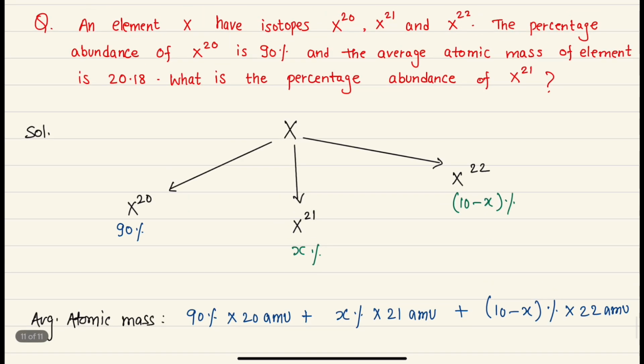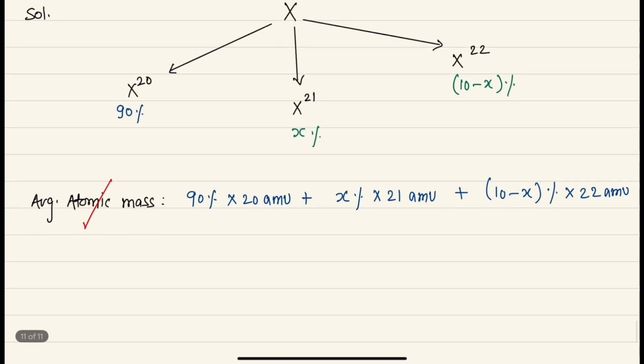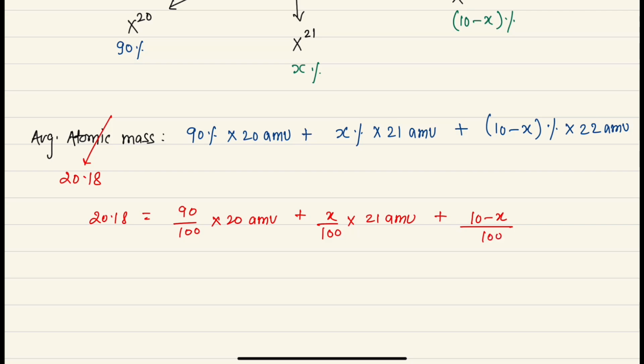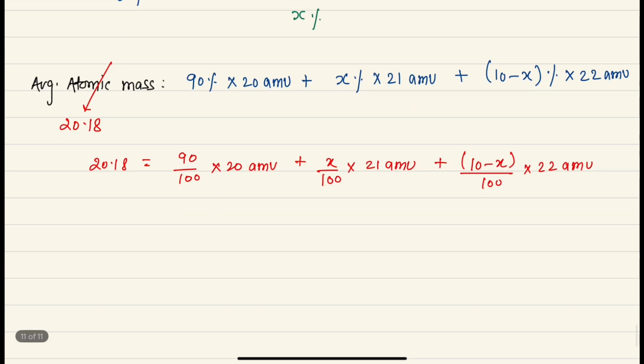Now in the question, the average is given here as 20.18. So 20.18 equals 90 by 100 into 20 AMU plus x by 100 into 21 AMU plus 10 minus x by 100 into 22 AMU.